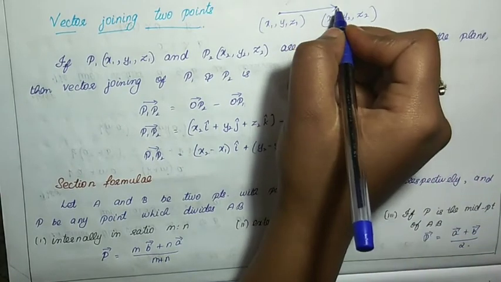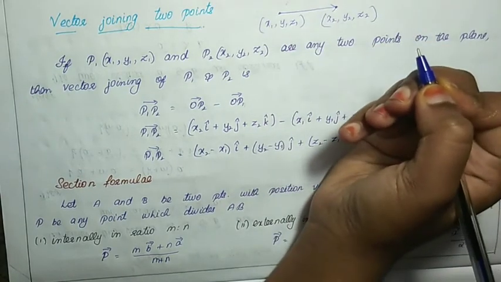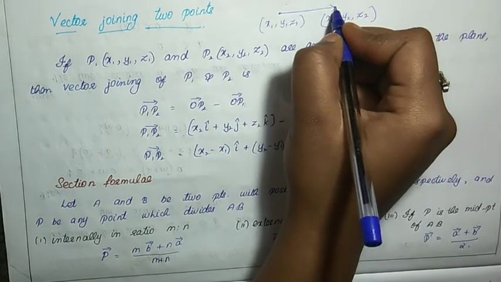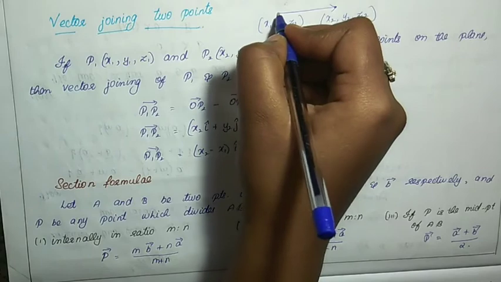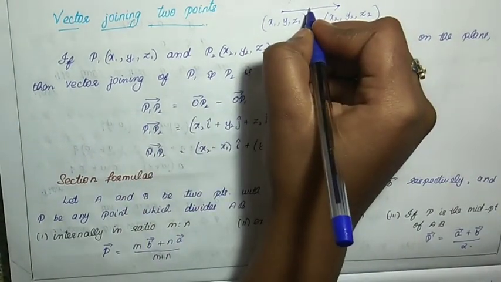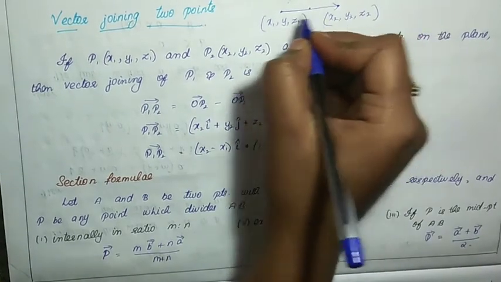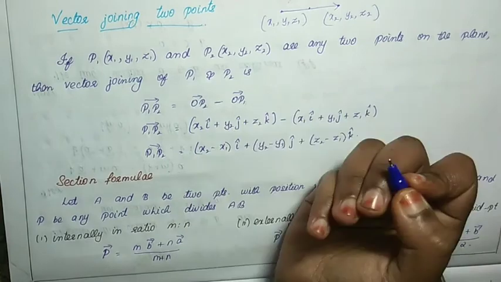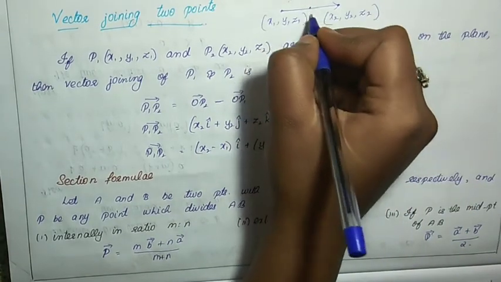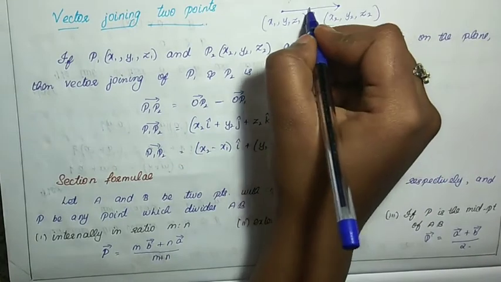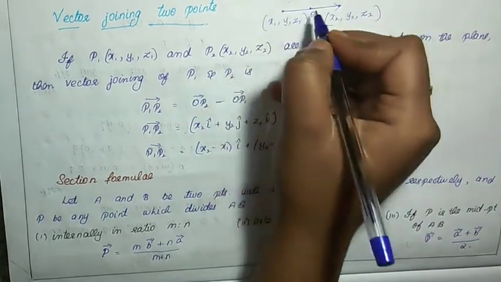As we do in coordinate geometry, right? Last year we would have learned it. We will take this point first and subtract this point next. So that's what I've written. I'm considering a point as the center, that is O, and I'm saying OP vector and PO vector.